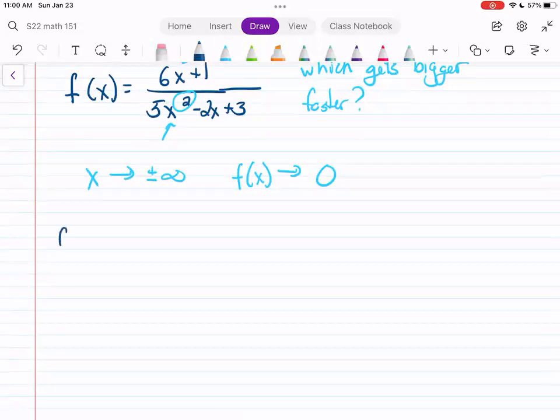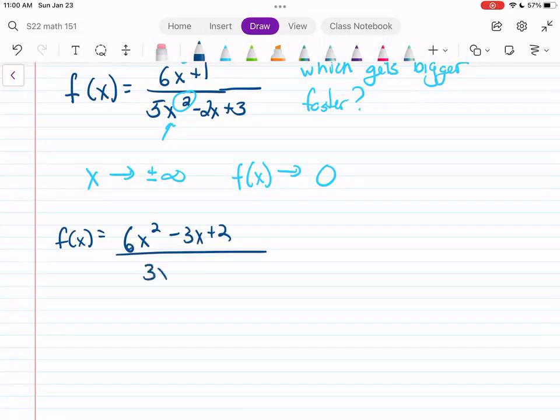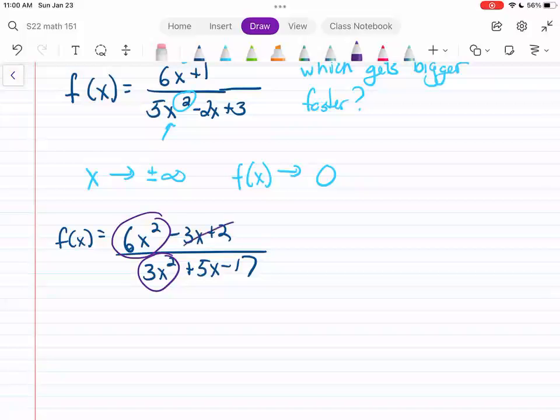However, if we consider this function, 6x squared minus 3x plus 2 over 3x squared plus 5x minus 17, notice the degrees are the same. However, as we move further and further away from the origin, the higher power terms get bigger faster than these other terms.